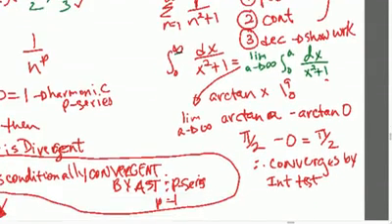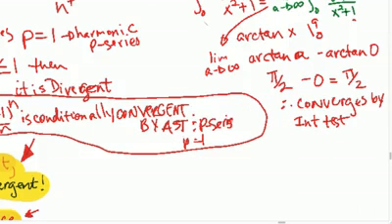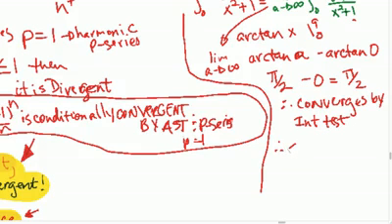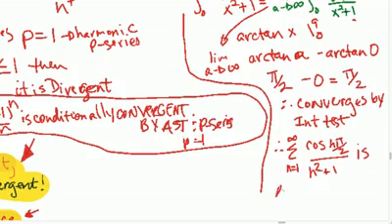If you get a finite answer, it converges. If you get an infinite answer, it diverges on the integral test. So therefore, the whole thing is absolutely convergent.